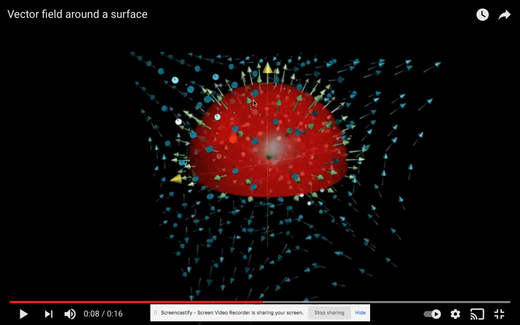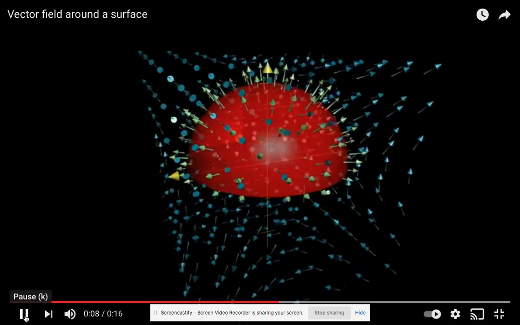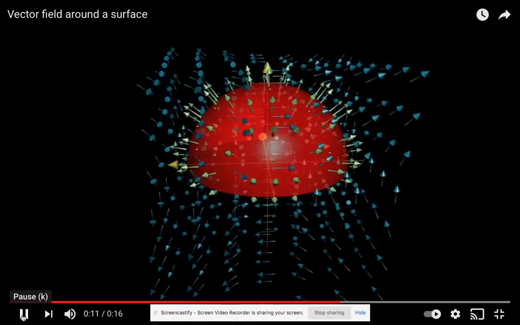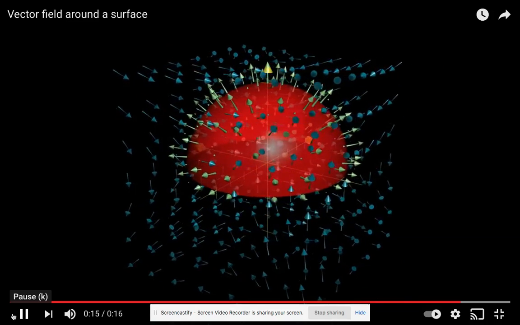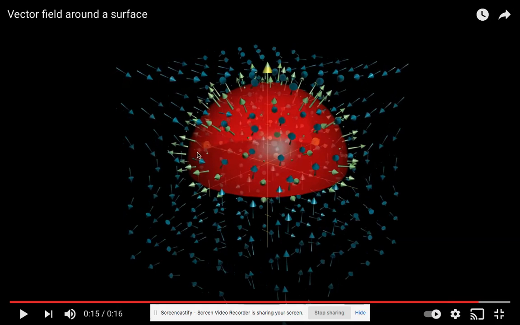So think about all these normals coming out of the surface, and then a blue vector field swirling around it, right? Kind of cool, right? We want to know about that vector field, because that blue is going all the way through that surface, right?